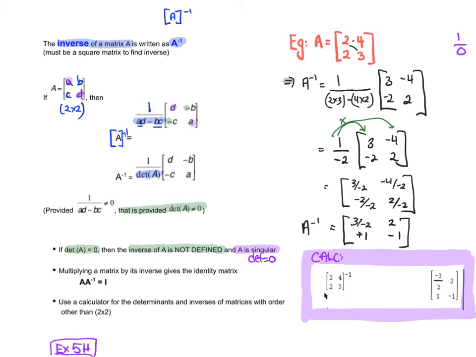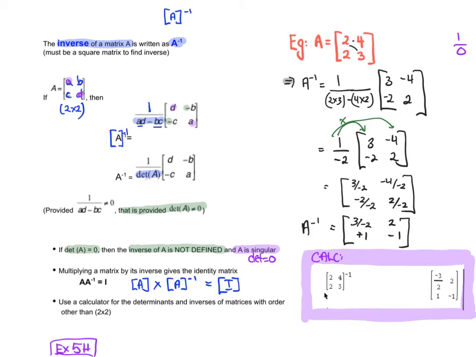Now what you're going to notice, if you times a matrix by its inverse, A to the -1, you're going to find you get the identity matrix, which was ones down the diagonal and zeros, wasn't it?